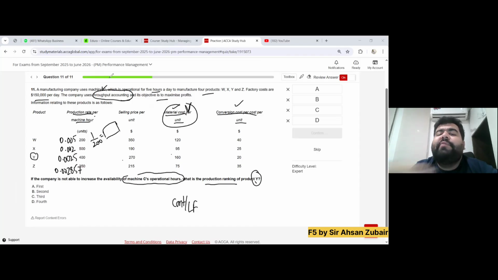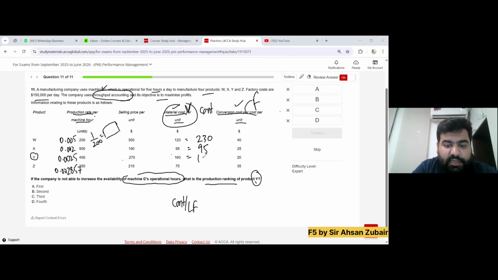So the contribution, or throughput, will be 350 minus 120, which is 230. Then 190 minus 95 is 95, 270 minus 160 is 110, and 215 minus 75 is 140.